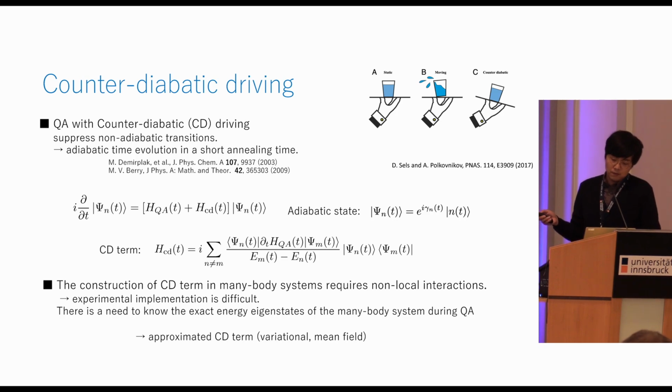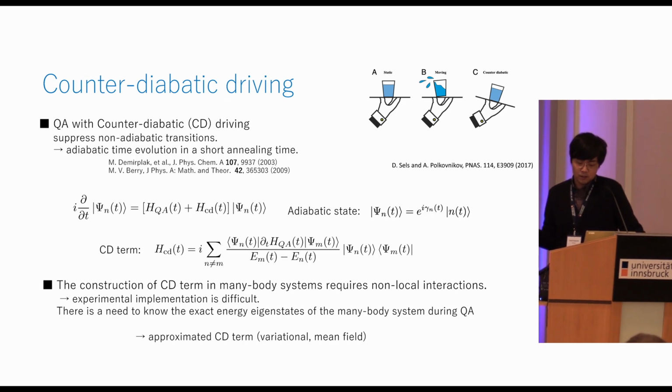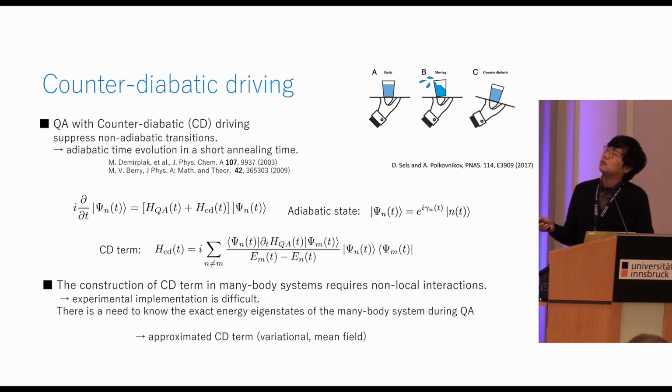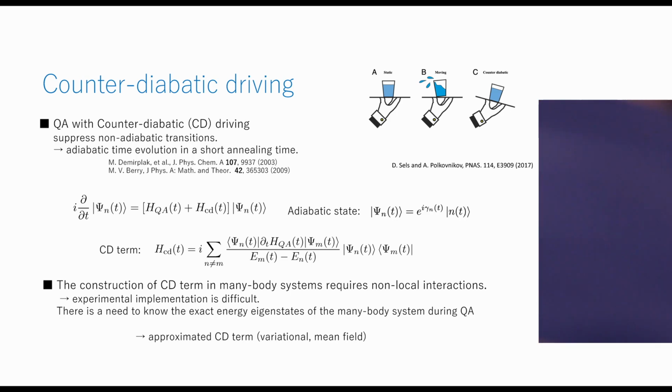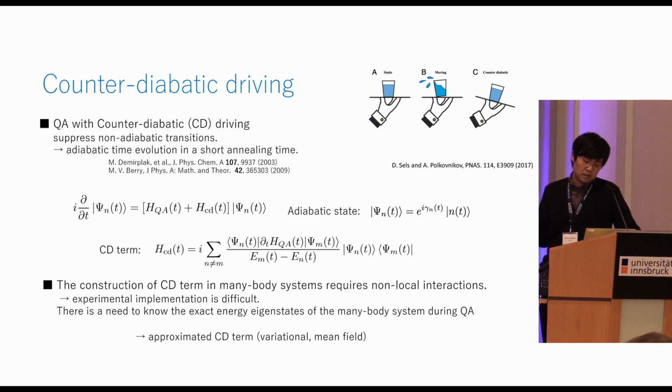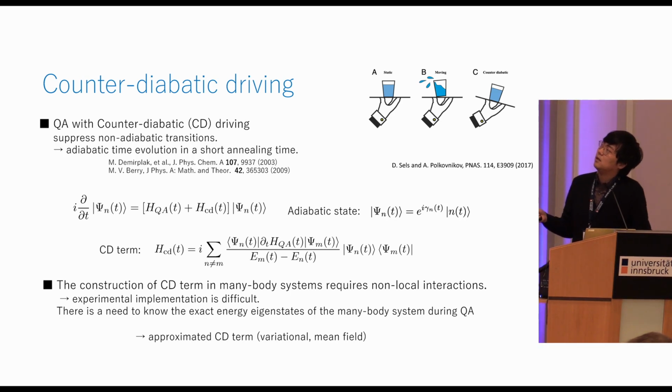In this talk, we focus on the mean field approximation for the counter-diabatic term. The mean field approximation for the counter-diabatic term has been proposed by Hatomura. His previous research has mainly focused on the uniform ferromagnetic Ising model and has not addressed the antiferromagnetic model or non-uniform interaction.